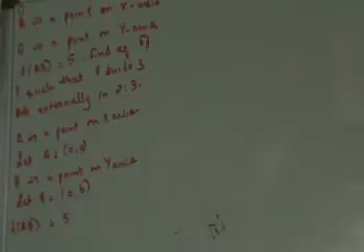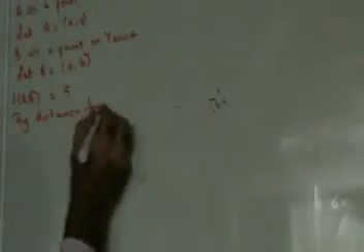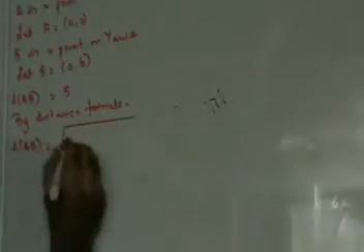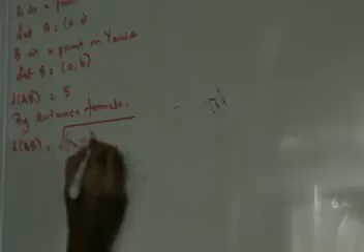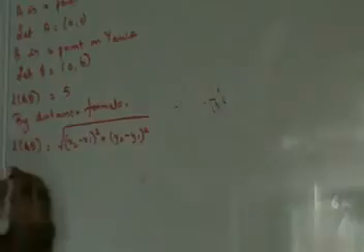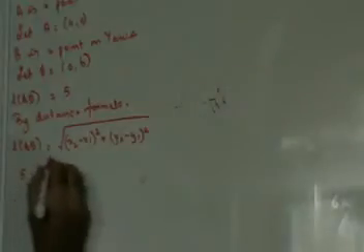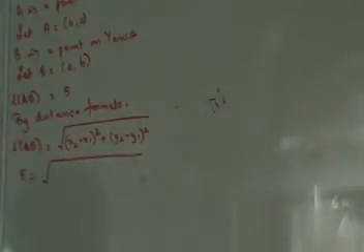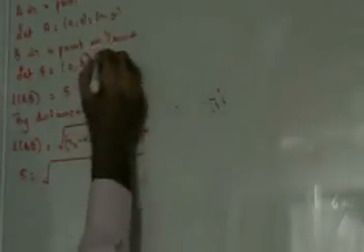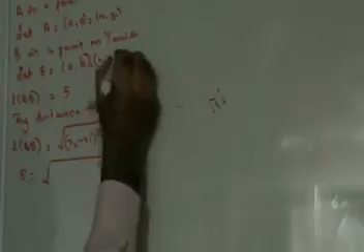I can find out length AB by using distance formula. By distance formula, length AB is square root of x2 minus x1 the whole square plus y2 minus y1 the whole square. So AB is 5 is square root of x2. We will assume this to be x1 y1 and we will assume this to be x2 y2.